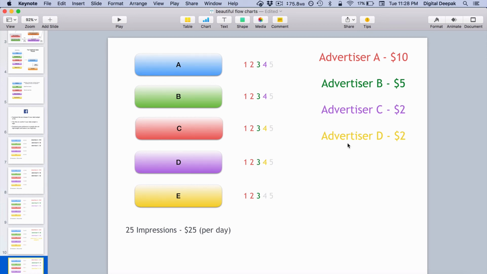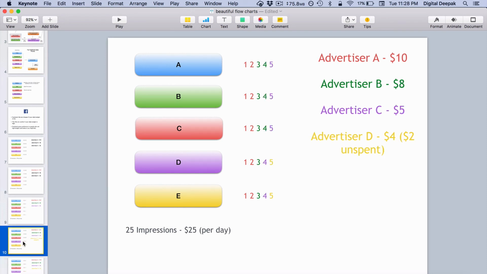So here you can see that since advertiser D has the lowest daily budget, he is at risk of not getting enough ads displayed at all.